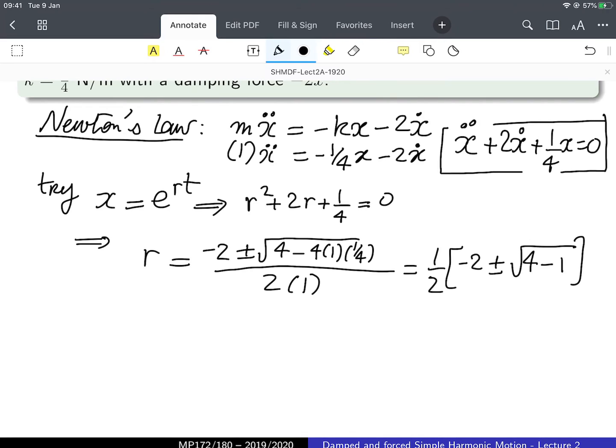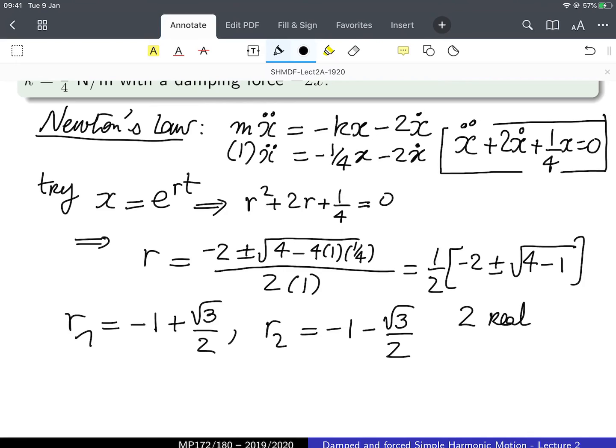And so I can see that I have two real distinct roots. R1 is going to be minus 2 plus square root of 3 over 2, that's going to be minus 1 plus square root of 3 over 2, and R2 is minus 1 minus square root of 3 over 2. Two distinct real roots.